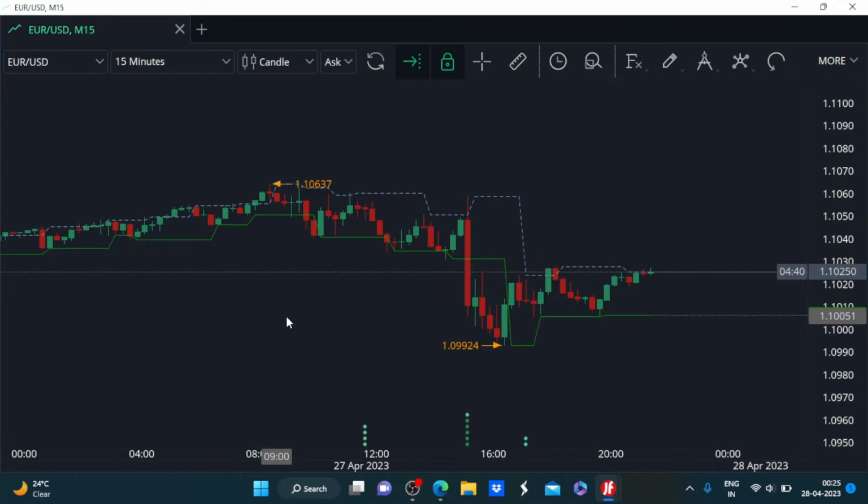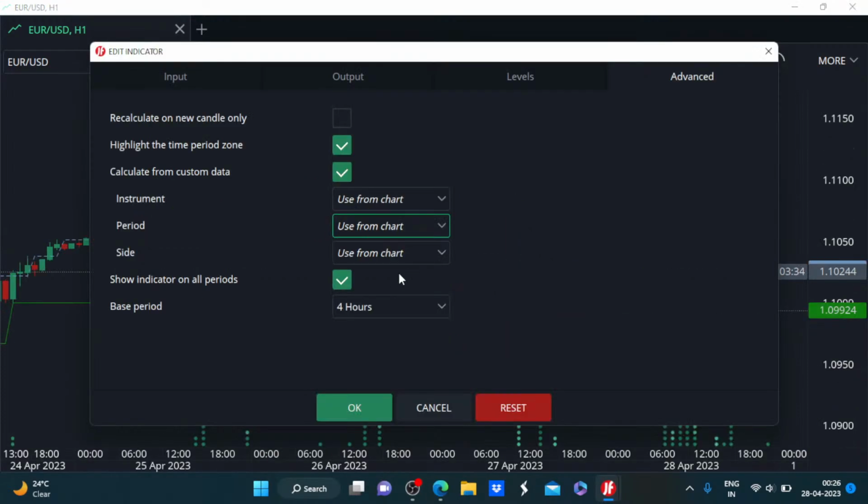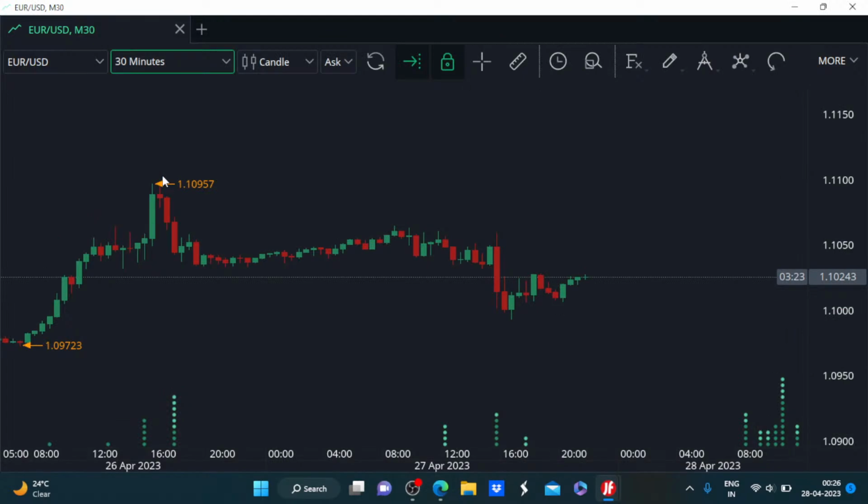Now I am going to restore it back to use from the chart. Show indicator on all the periods. Suppose you want this indicator to be available on all the candle periods, whenever you vary the chart's candle period, you can do that. Or else you can specify the particular candle period on which you want this chart to have this indicator, and only on those time frames you will have this indicator visible.